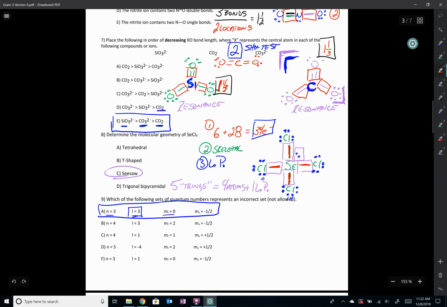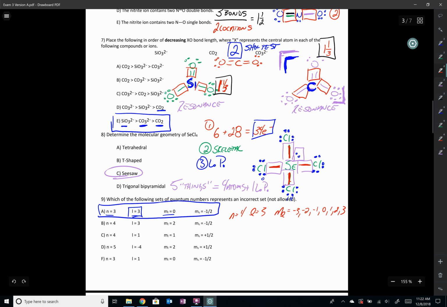We move on to B. We have n equal 4 and L equal 3. So far, so good. L can equal 3 if n equals 4. M sub L is equal to 2. If L equals 3, M sub L can equal negative 3, negative 2, negative 1, 0, 1, 2, or 3.